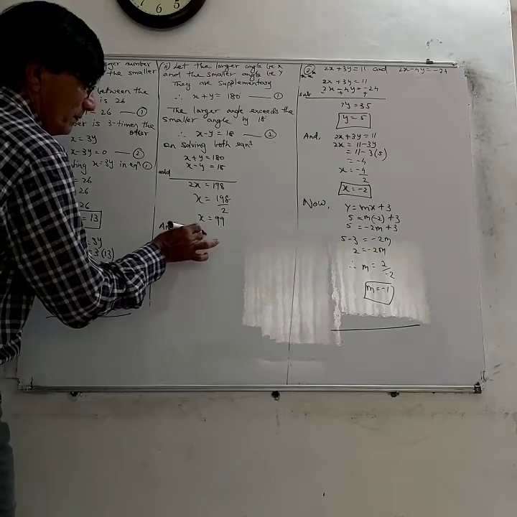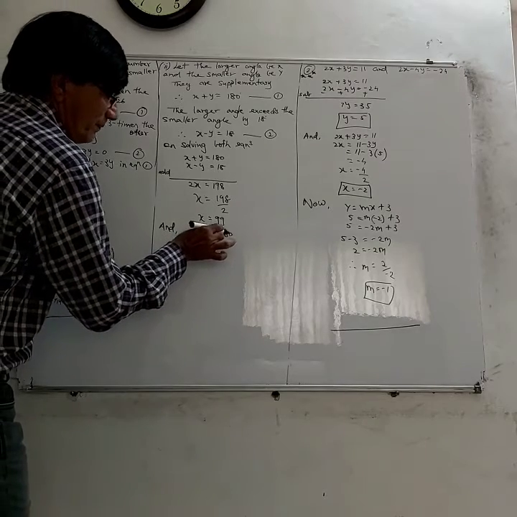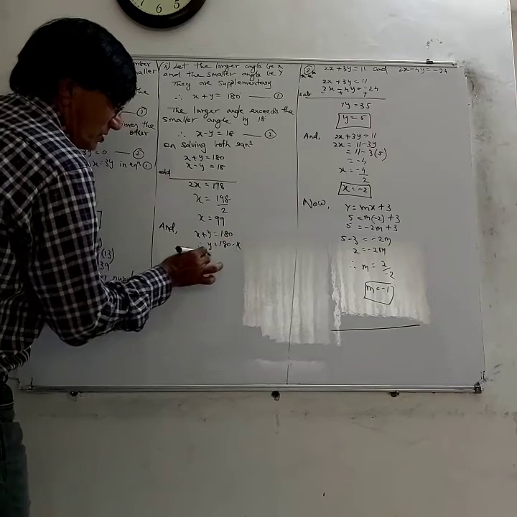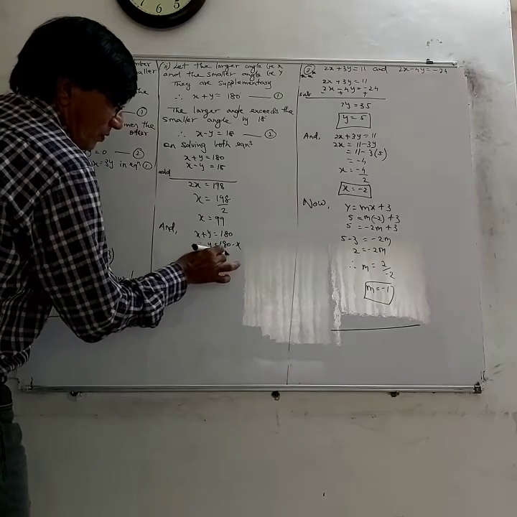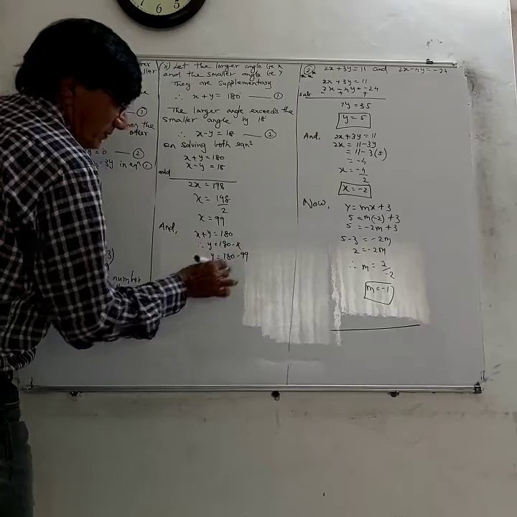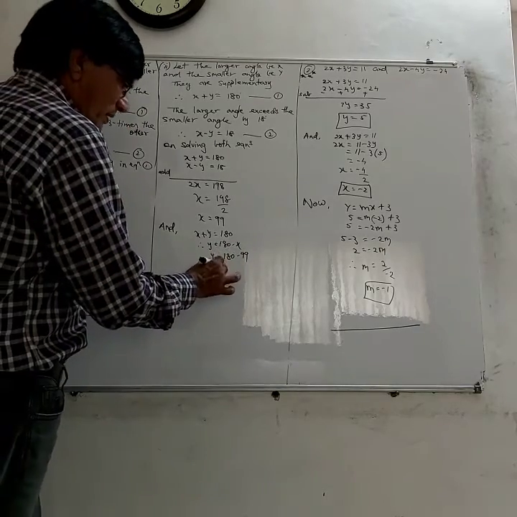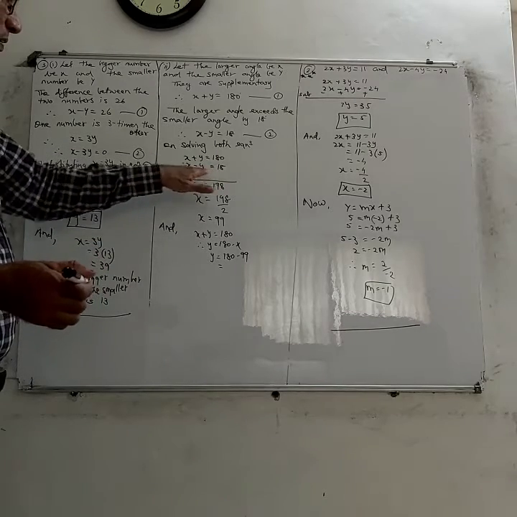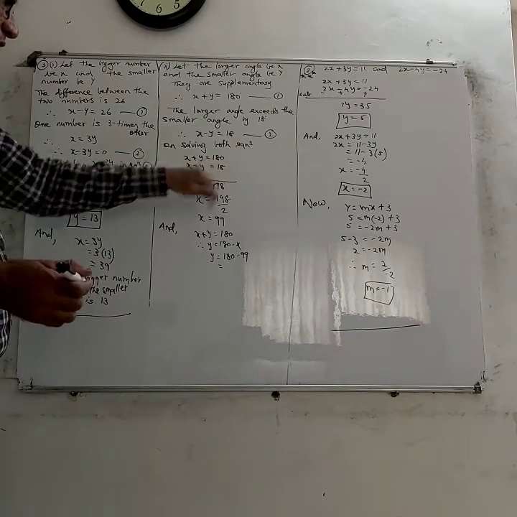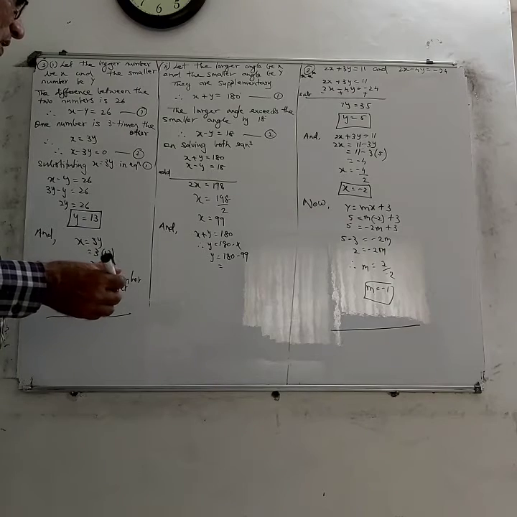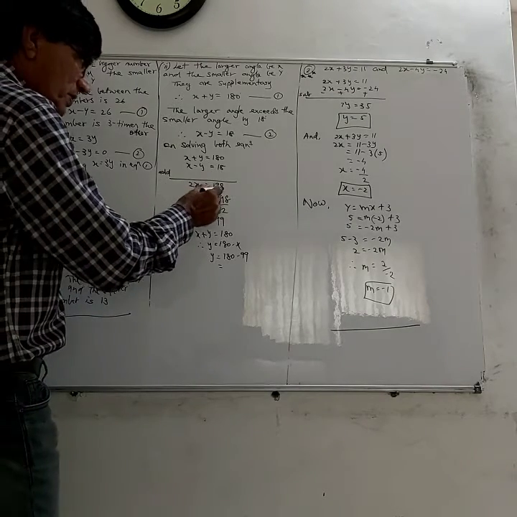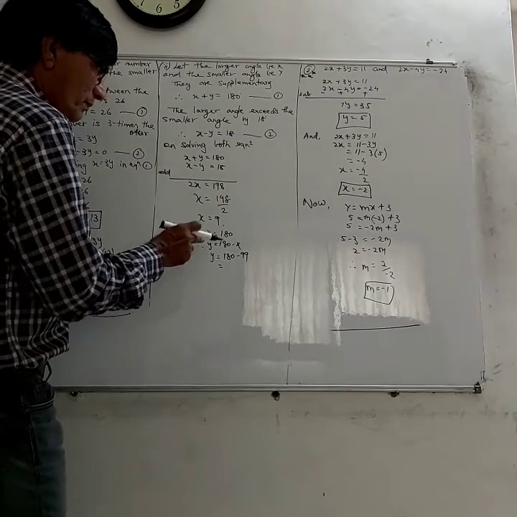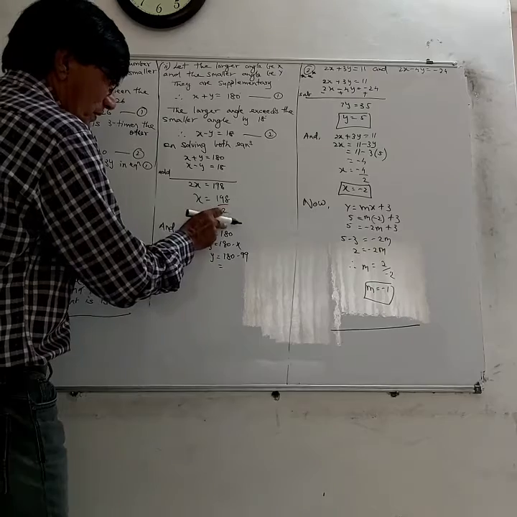And x plus y is equal to 180. Therefore, y is equal to 180 minus x. 180 minus 99. Okay? So the other angle, remember the difference between that is 18. That's right.